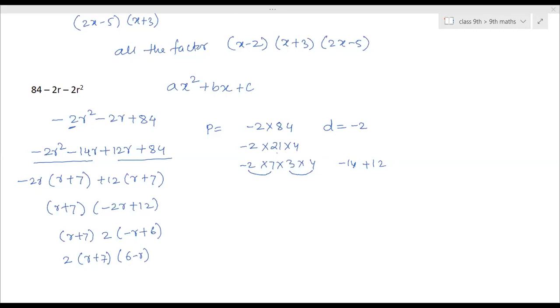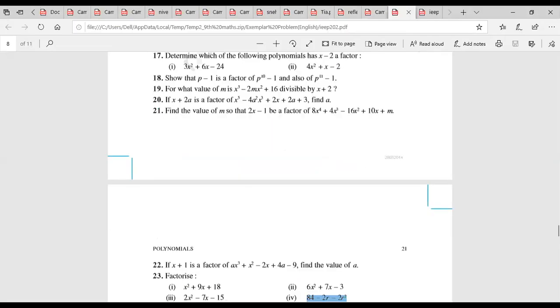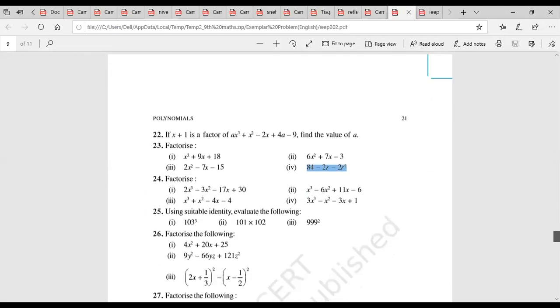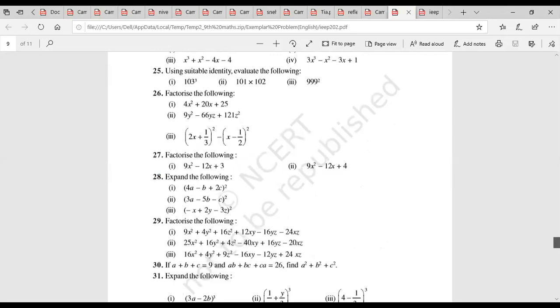Any other doubts you have till 25? No doubts? Then start solving from 26 onwards. Are you able to see? Yes, ma'am.